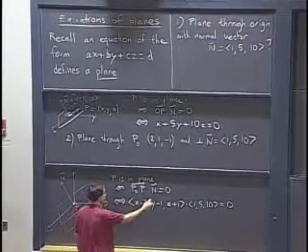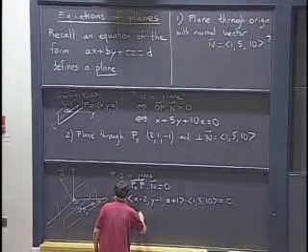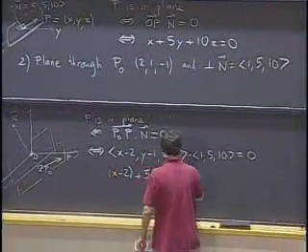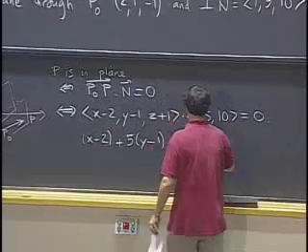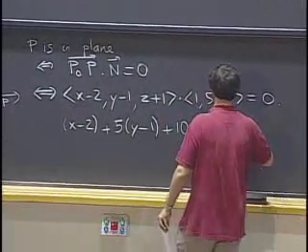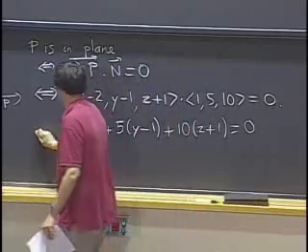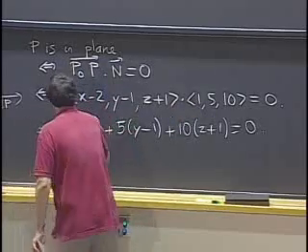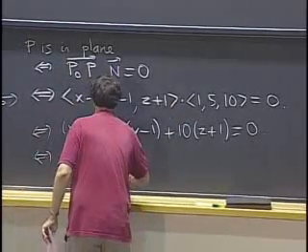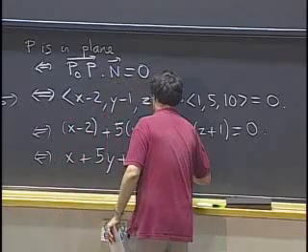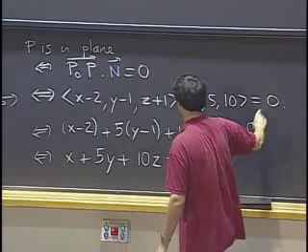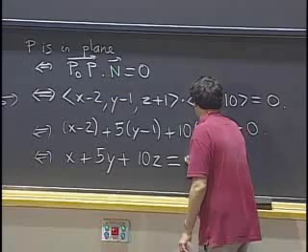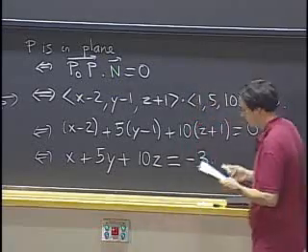Well, we get x minus 2 plus 5 times y minus 1 plus 10 times z plus 1 equals 0. Or let's put the constants on the other side. We get x plus 5y plus 10z equals, well, here we have minus 2 becomes 2, minus 5 becomes 5, 10 becomes minus 10. I think we end up with negative 3.